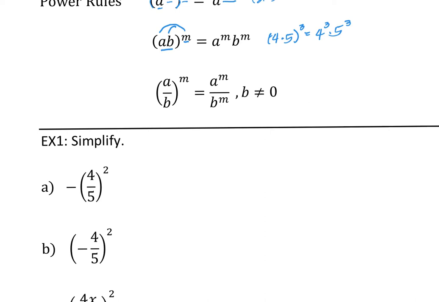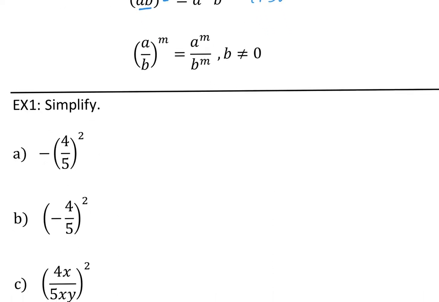And again, I'm not going to multiply those out. And then if you have a fraction in parentheses raised to some exponent, you can go ahead and distribute the exponent to the numerator and denominator, get rid of the parentheses.